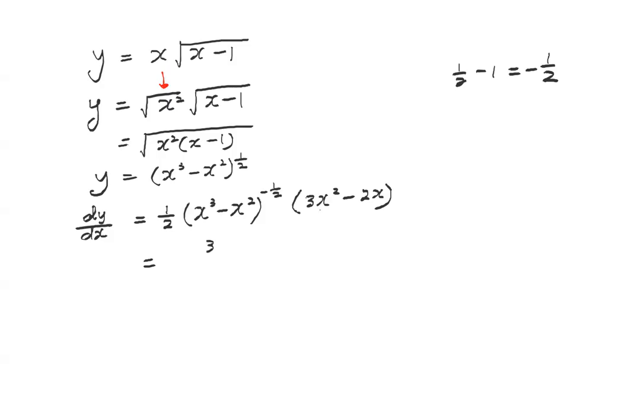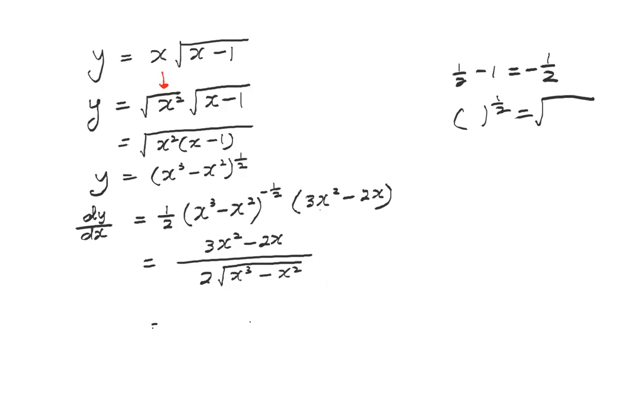Okay, I do it step by step. When the power is negative, you bring down. Remember, power half is square root. So this is the square root of x cubed minus x squared. The common factor is x, so I factorize out the x.